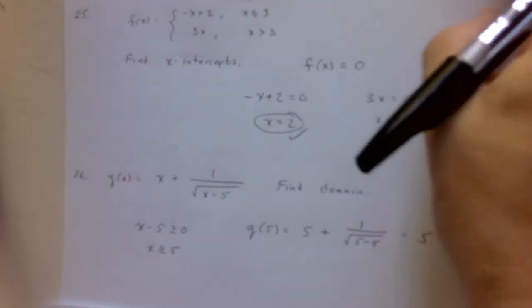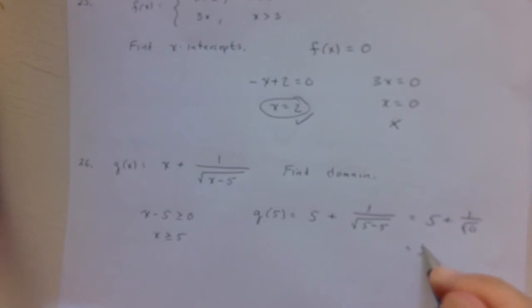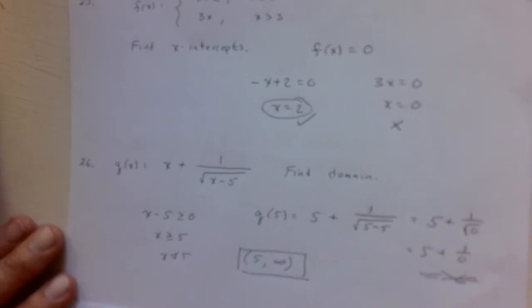That's 0. And that is undefined, right? So that can't be. X cannot be 5. So it's just the numbers that are strictly bigger than 5. That would be the domain.